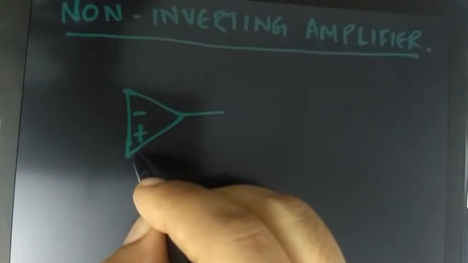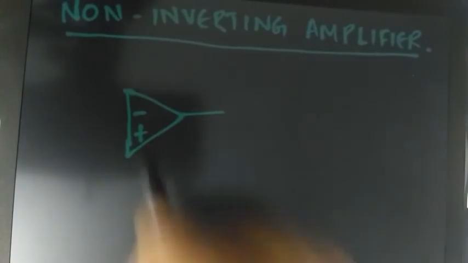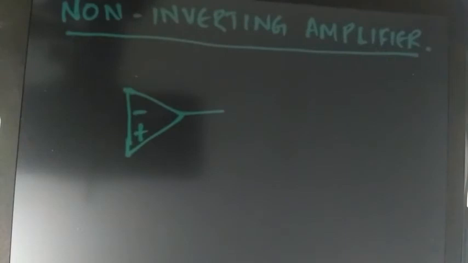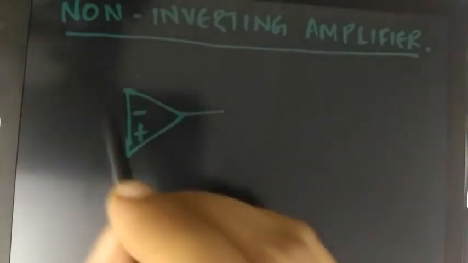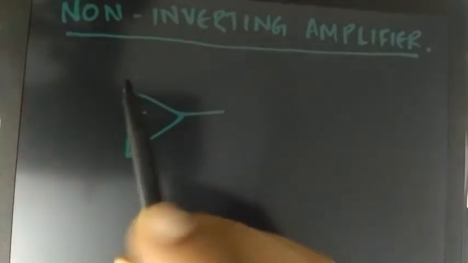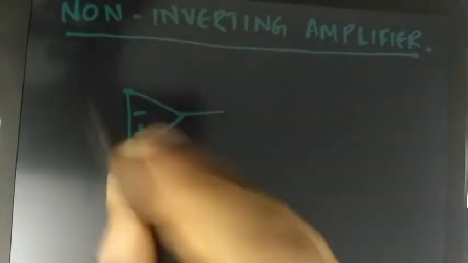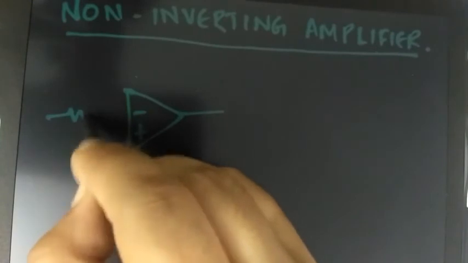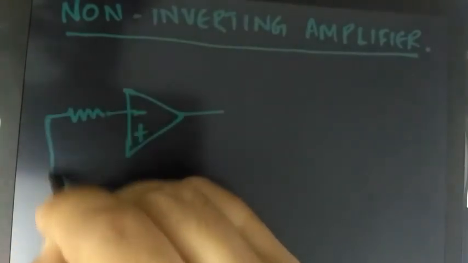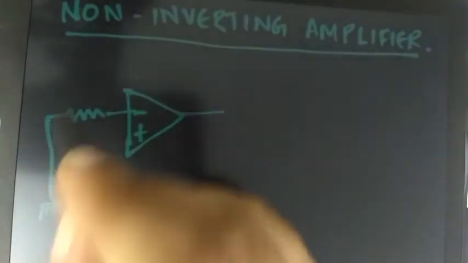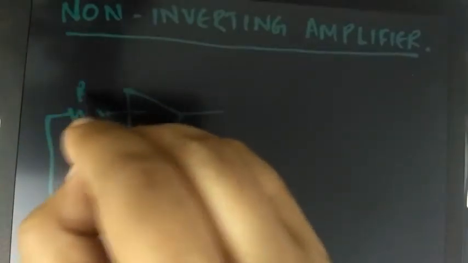This is pin number 3, the non-inverting terminal. And we will be applying voltage to the non-inverting terminal, as the name suggests. So keep your inverting terminal grounded. We are not going to apply any voltage in this section.